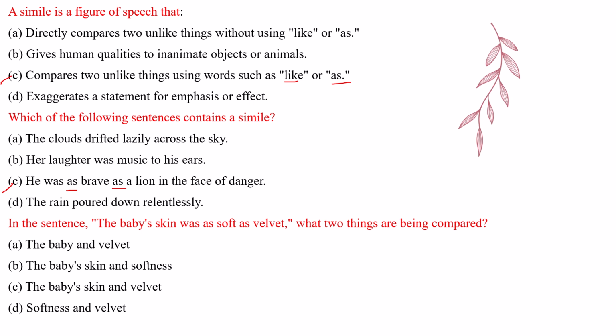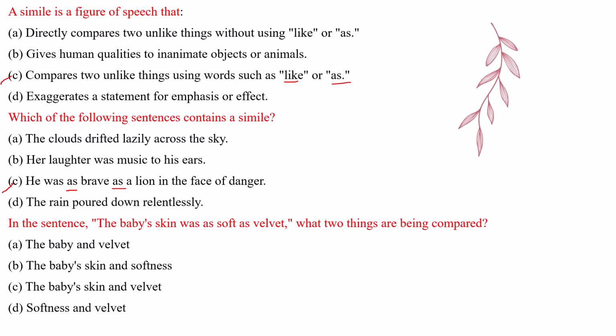So using words such as like or as, comparing two different things is a simile. So C is the correct answer. And D: the rain poured down relentlessly. There is no comparison, so this is not the correct answer. So the correct answer is C.